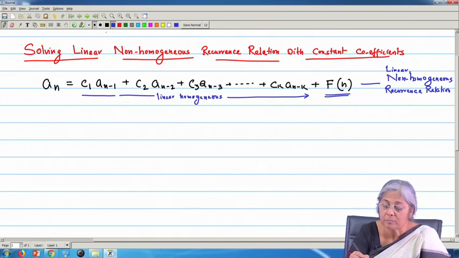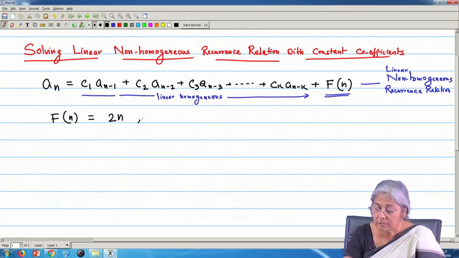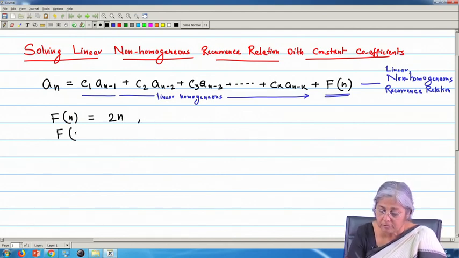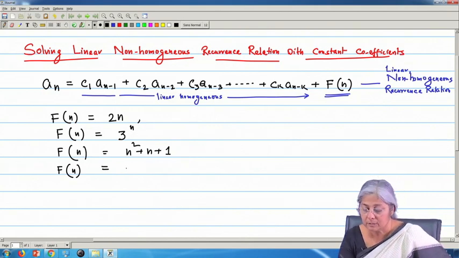Now, this function of n can be of different forms. Function of n can be 2n, function of n can be 3 to the power n, or function of n can be n square plus n plus 1, or it can be any other that contains some n, say 2 to the power n plus 1.